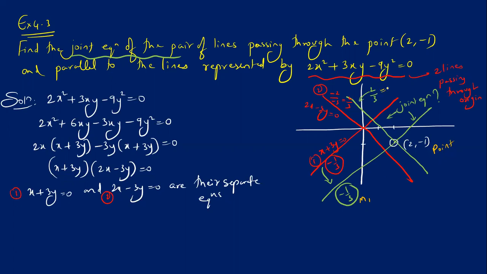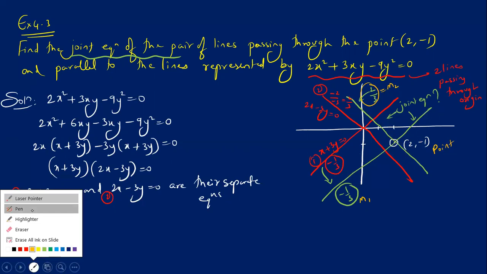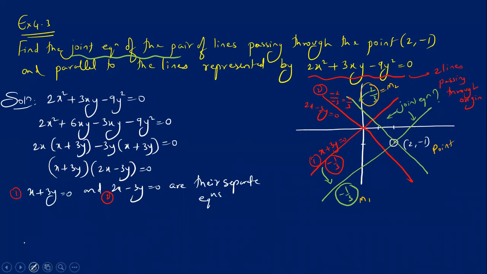Here also I have slope, I have a point, so I can use slope point form and get the second equation. If I multiply the first equation and the second equation, I'll get the combined equation or the joint equation. So let's see.